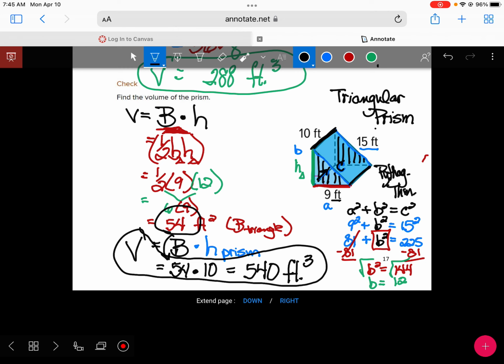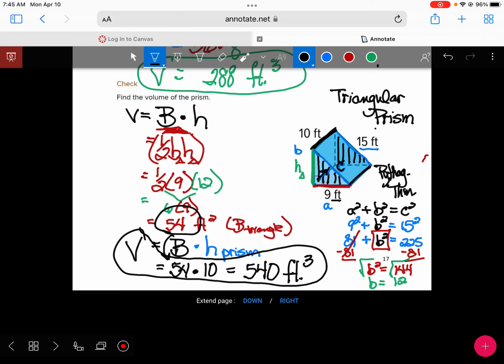Since I'm trying to draw this, I am not the best artist here. But this is my base, okay? Something like that. This is my base. And I found the area of that. So the area of my base, volume equals area of the base times the height.